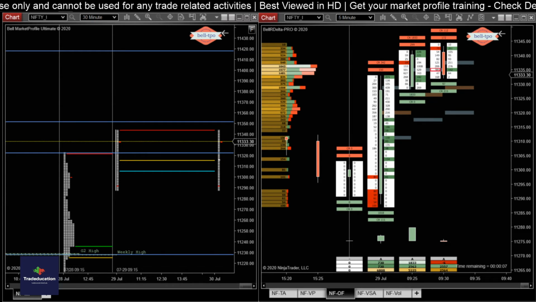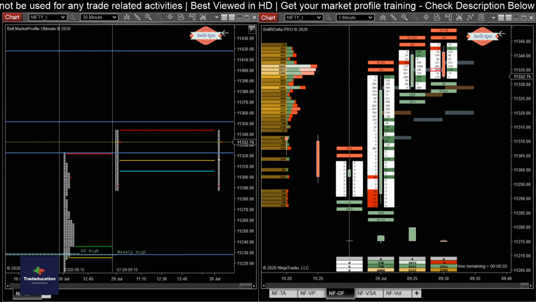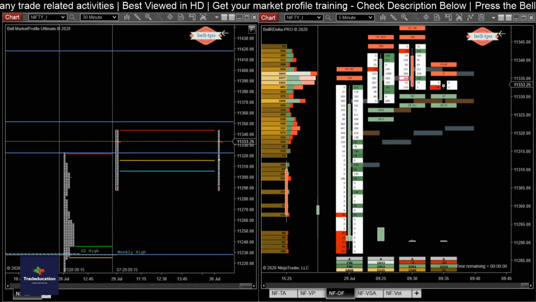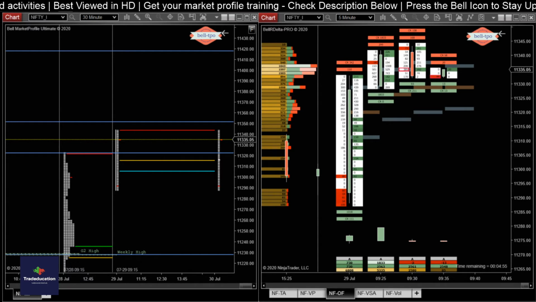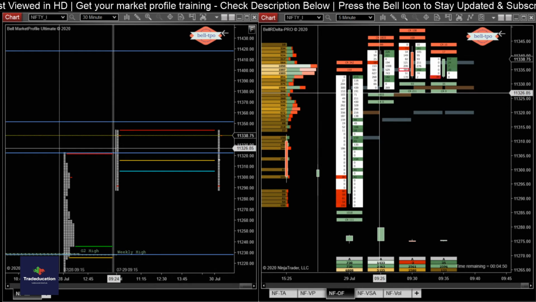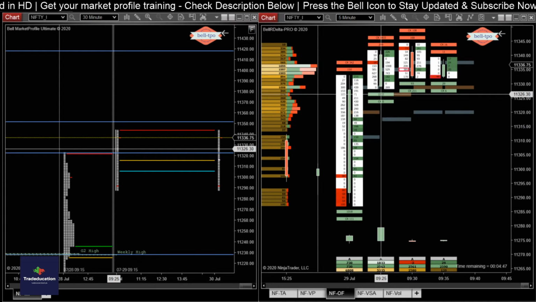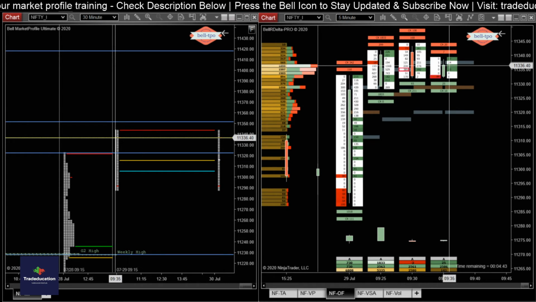Okay, so good selling pressure, but it is getting absorbed. Okay, so now 11.3. So where is the HVN? Here is the HVN. It's 11.326. And so see, if you see here, buyers are again stepping in.